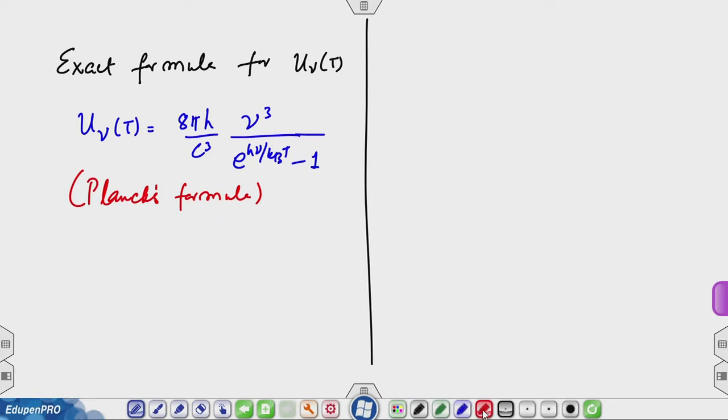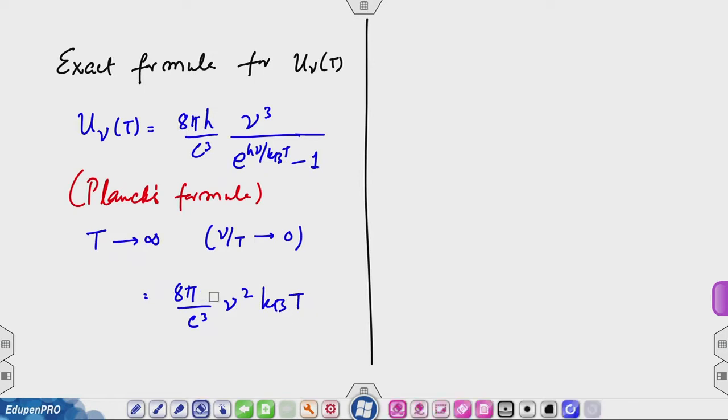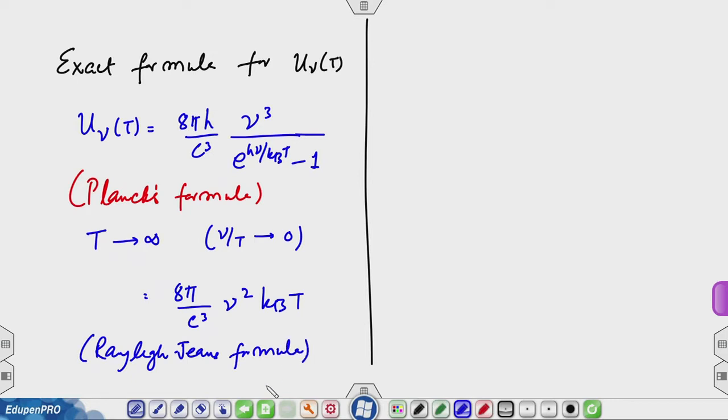Now for t tending to infinity, and that is nu by t becoming very small, this goes over to 8 pi over c cubed nu square kBt, and that is Rayleigh-Jeans formula. This can also be derived based on equipartition theorem.